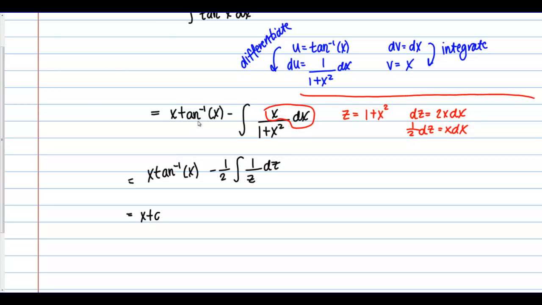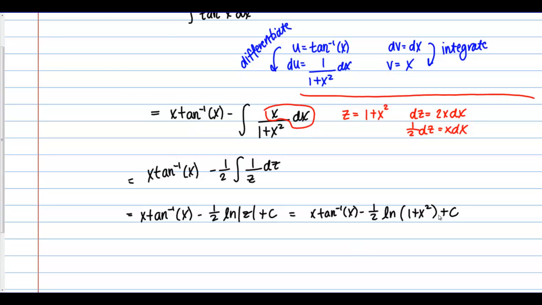Then if I evaluate that integral at this point, I'm going to get minus 1/2 natural log of z plus c. And as my last step, I just want to substitute so that I'm back in terms of my original variable. So I'm going to get x inverse tan of x minus 1/2 natural log of 1 plus x squared plus c.